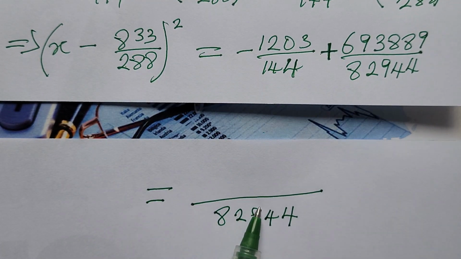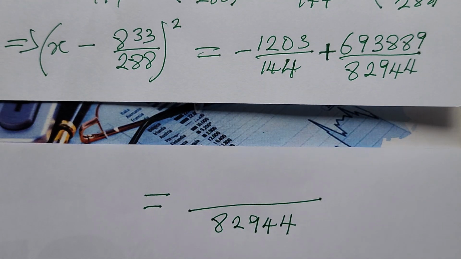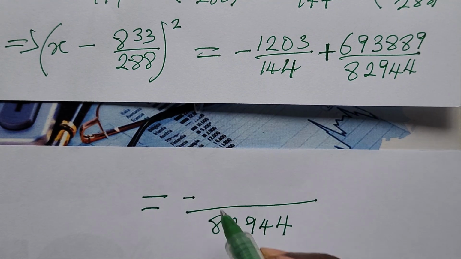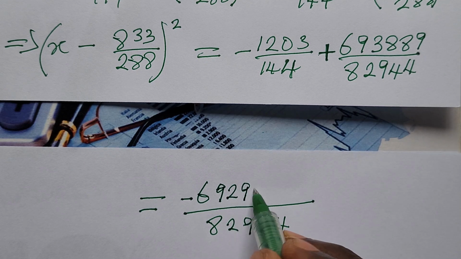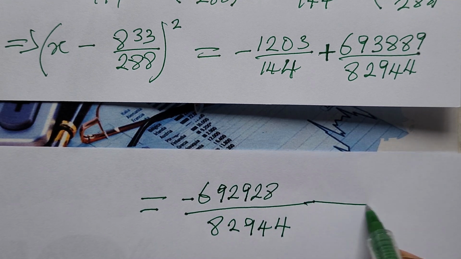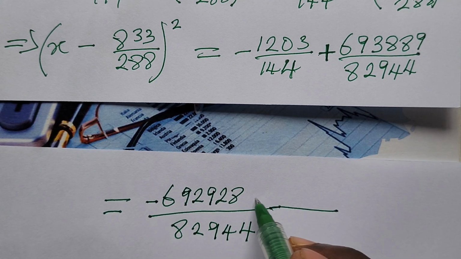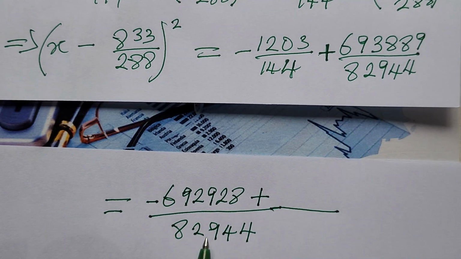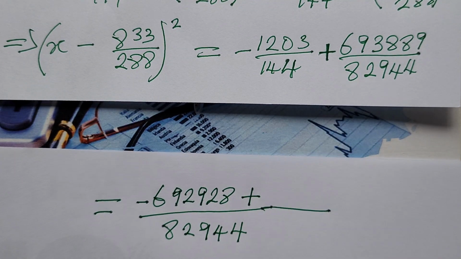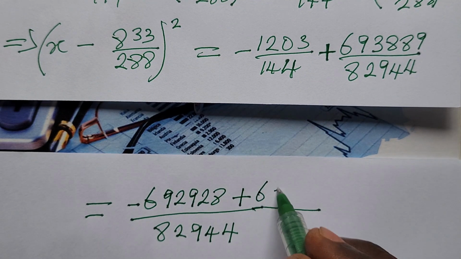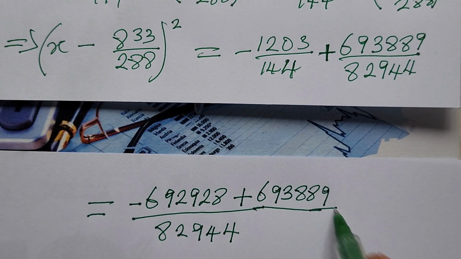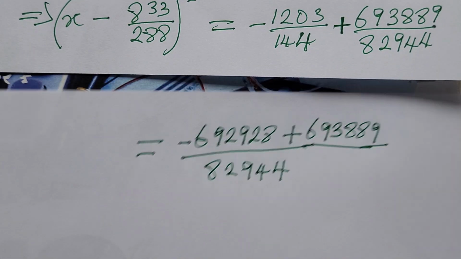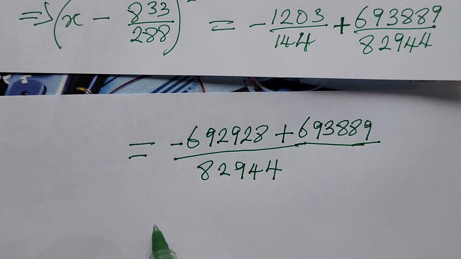If we multiply it by this, it's going to give us minus 692928. The plus, if we use this to divide this, will give us 1 there. We'll multiply this, will give us 693889. Okay, so we can now go ahead to add this now.